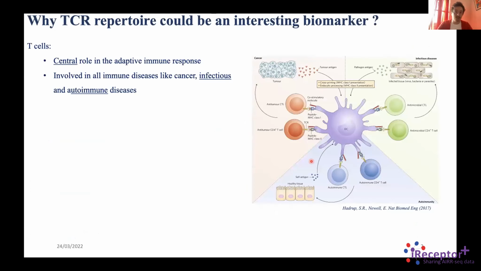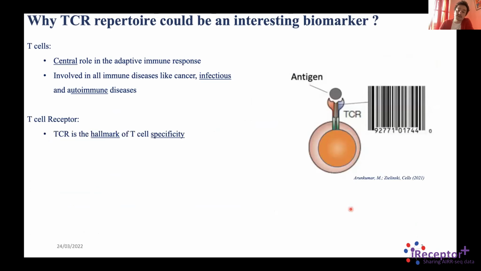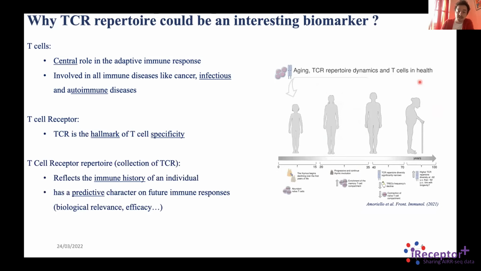So a brief introduction about why TCR repertoire could be an interesting biomarker. As you know, T cells have a central role in the adaptive immune response involved in all immune diseases like cancer, infectious disease, and autoimmunity. And the T cells express on their cell surface the TCR, T cell receptors, that is a hallmark of the T cell specificity needed for the activation.